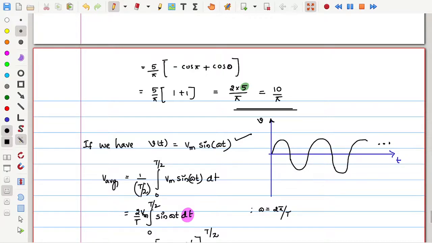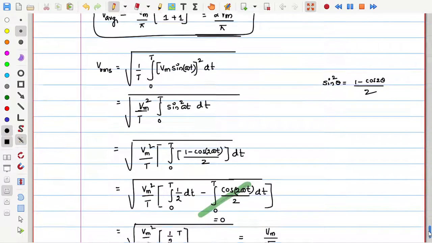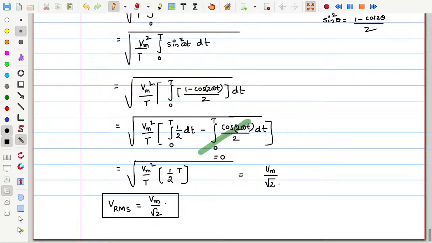This is the voltage whose peak value is Vm and negative peak value is minus Vm. Remember, both must be equal, then only this formula is valid. If this is Vm and this is 2 Vm, it is not valid. This is the time period T, 2T, and so on. For this kind of waveform, the average value is 2 Vm by pi, and the RMS value is Vm by root 2. Thank you.